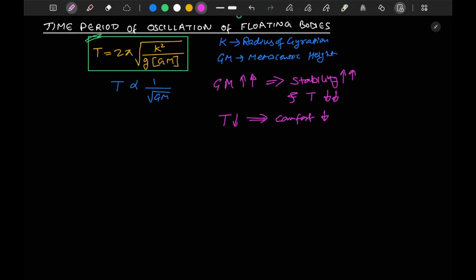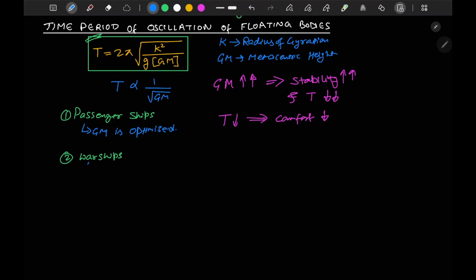So if we talk about passenger ships, and second, warships. In case of a passenger ship, we can say that the metacentric height is optimized to obtain optimum comfort and stability.